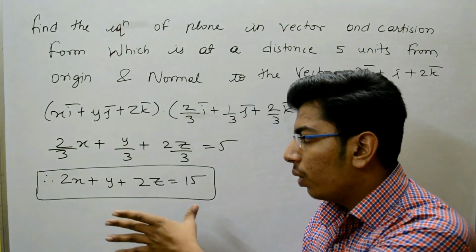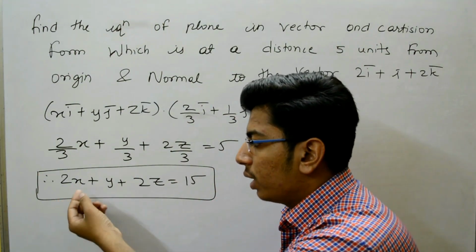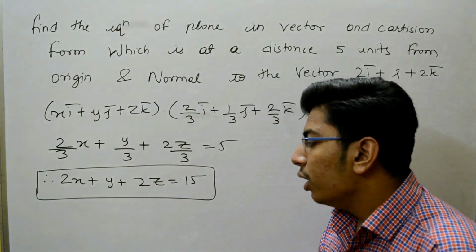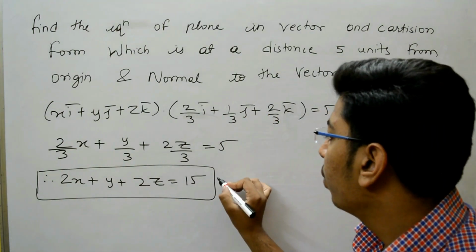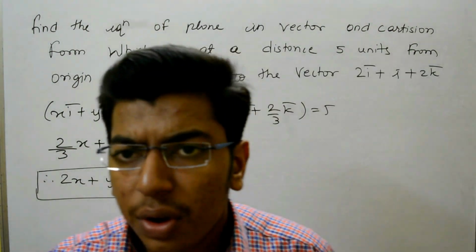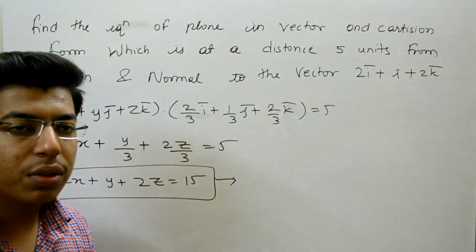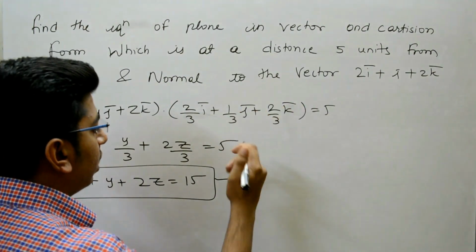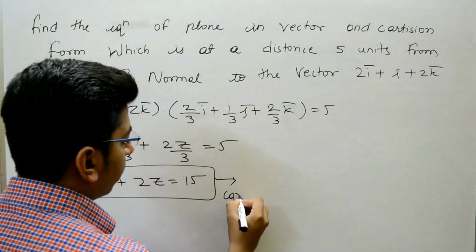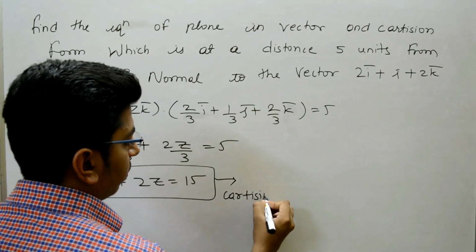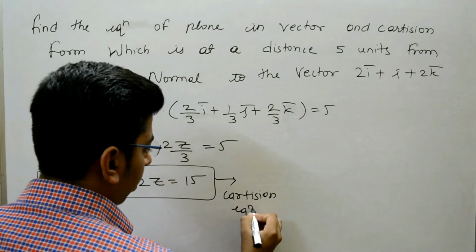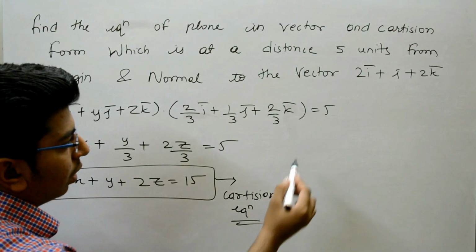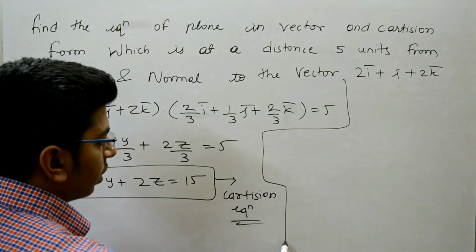So look here, we have the terms x, y, z. So this is the Cartesian equation. We first find the Cartesian equation, then I will tell you how to find the vector equation.